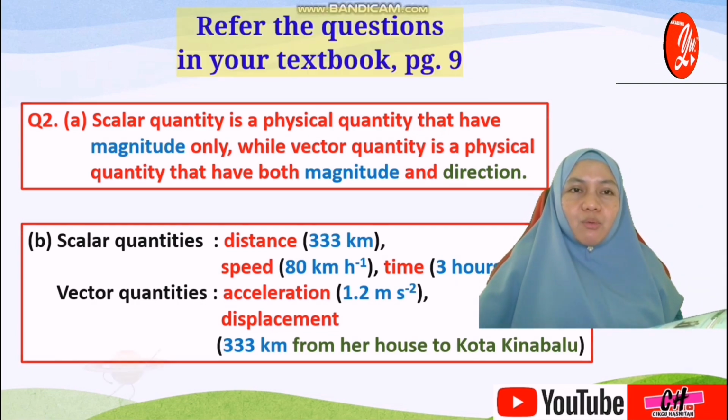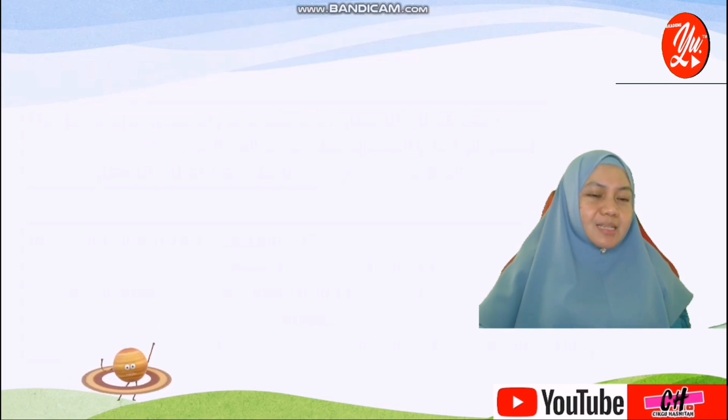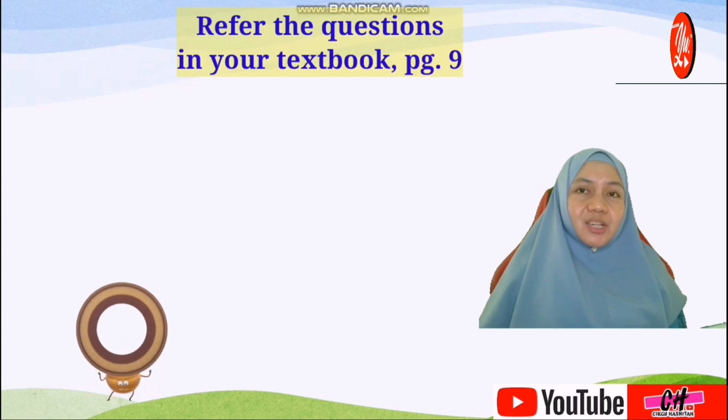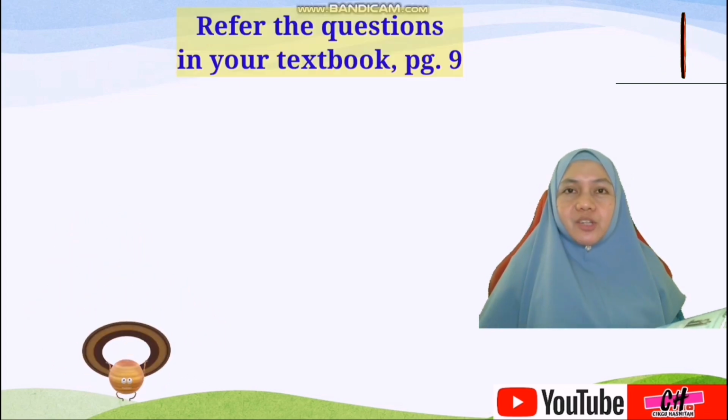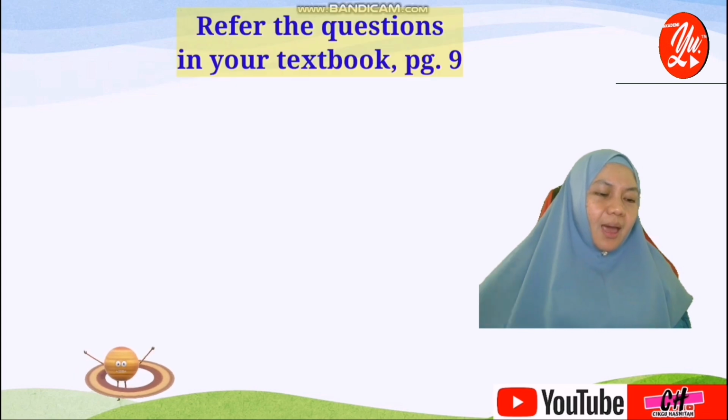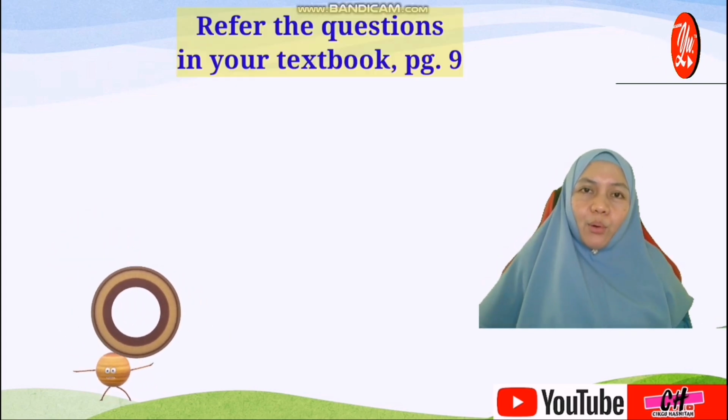Question number 3. Rina and her friends took part in a treasure hunt held in conjunction with a science fair in their school. Each group had to find several objects hidden in the school compound within 30 minutes. The objects hidden are listed in figure 1.7.